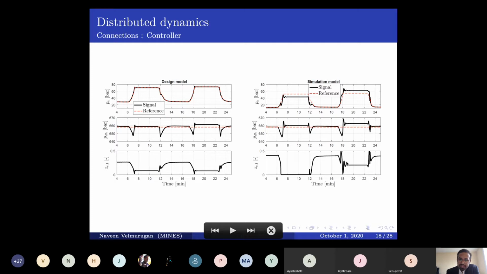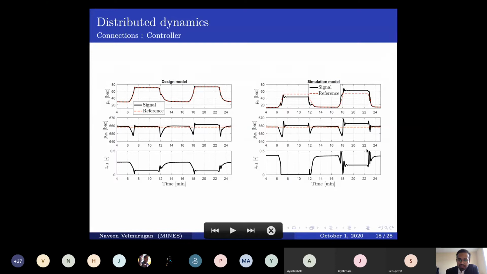You will see these pressure transients, and you see that the controller is struggling to maintain this particular value. It's rapidly changing up and down, closing and opening to see, okay, I have to stop somewhere and come closer to this particular value. So this is the clear difference between two different models in terms of designing a controller or an automation system.